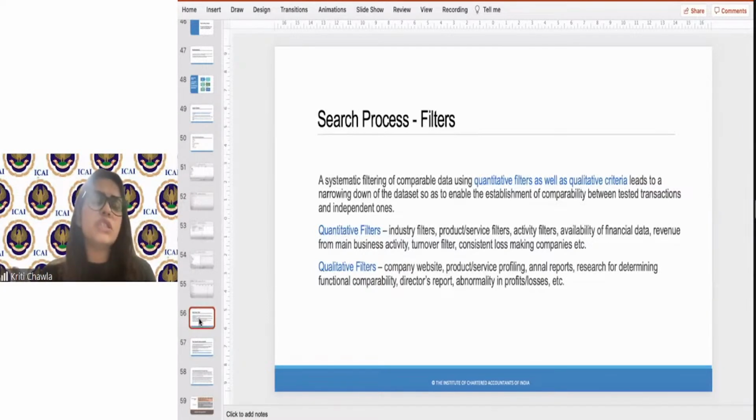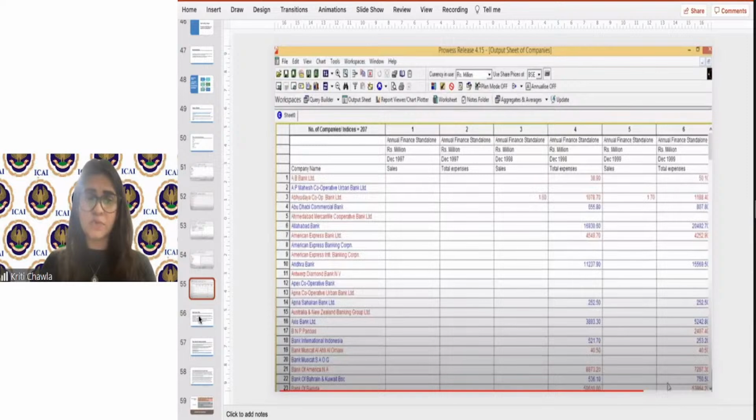A lot of times in these softwares, it happens that the sales figure is not given for all the companies, or, for example, the expenses figure is not given for all the companies. So you tell the software to filter it down, and give me information on only those companies for which information is actually given. If you see in this particular situation, the sales figure is not given for the second company.